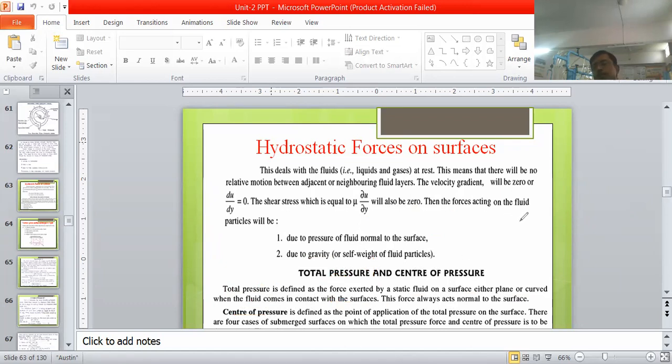In fluid mechanics, and in applied mechanics, we have learned about the different characteristics of forces. Magnitude was one characteristic, then direction of the force, and then the center, or you can say point of application of the force.